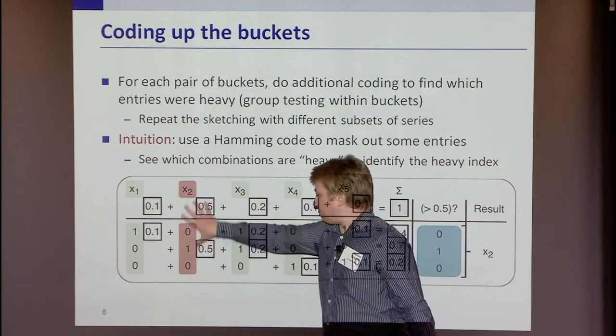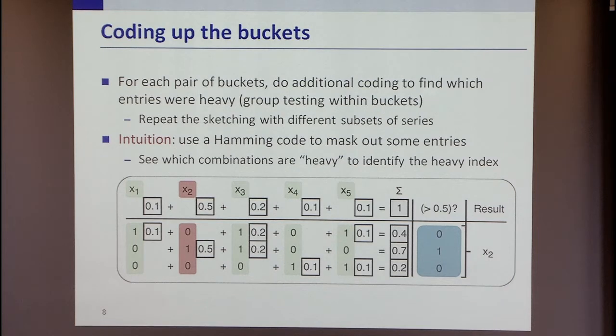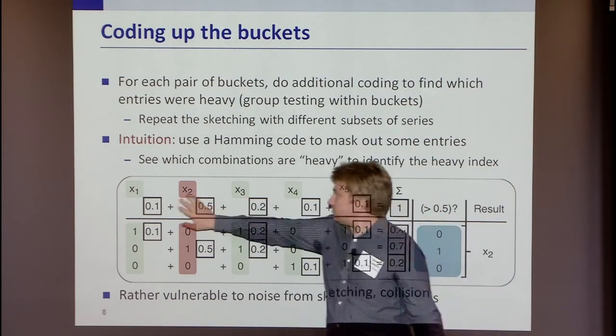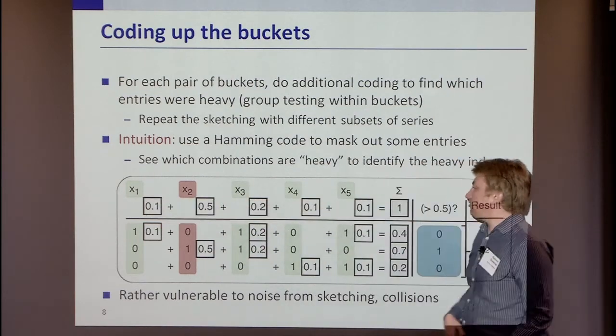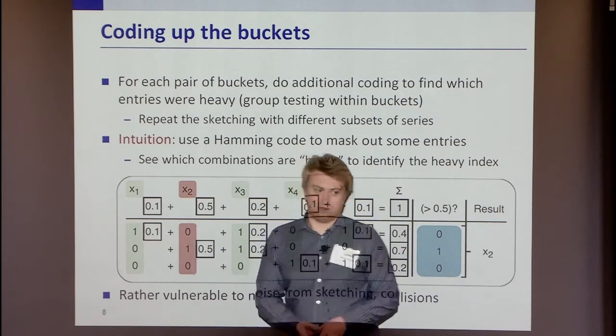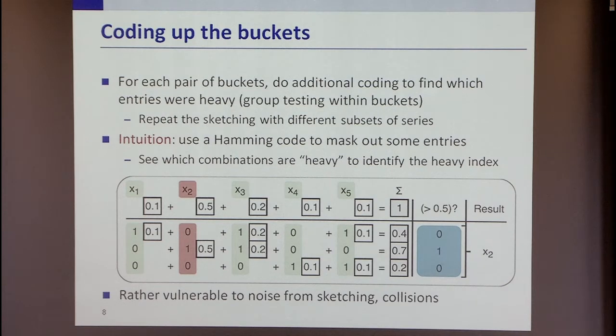That's index 2. That was the heavy element. So it all worked. Of course it worked, it was the example that I chose. It's not going to work in general because of noise from sketching, but also noise from collisions of elements. Things are going against me if I really do add things up. So I'm going to start from this baseline, but try and improve it a bit.